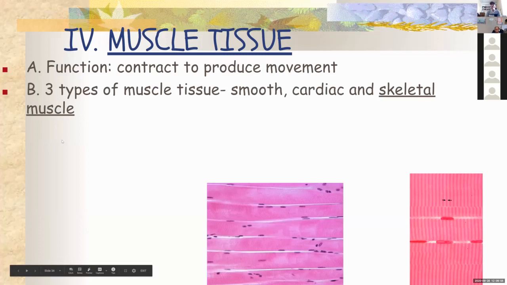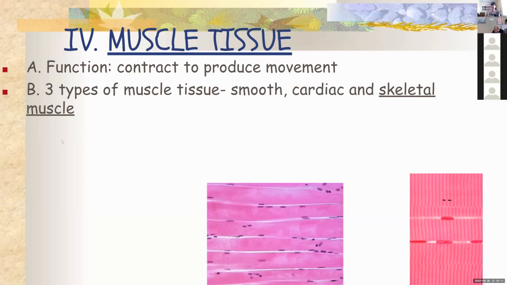Three types of muscle tissue: smooth, cardiac, and then skeletal muscle. Now, skeletal muscle is underlined because we're just going to focus on skeletal muscle for right now.